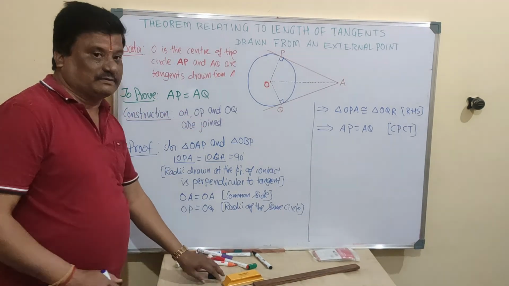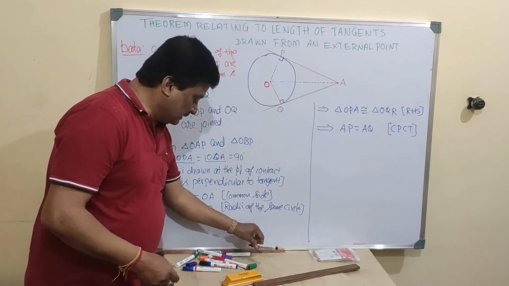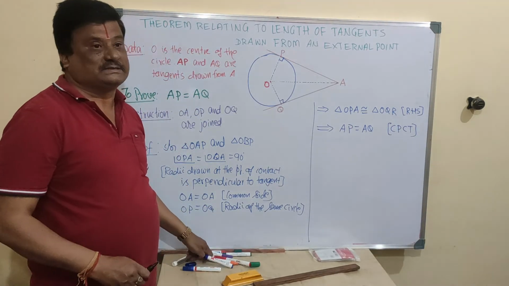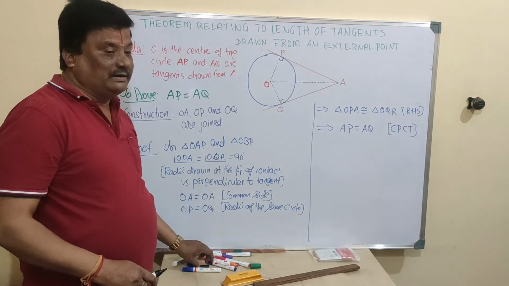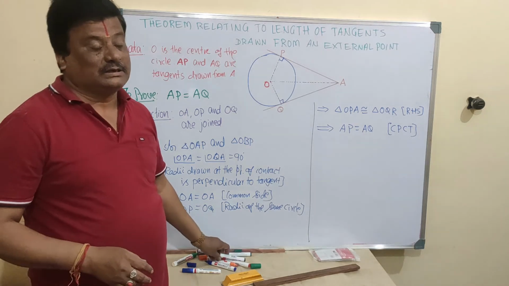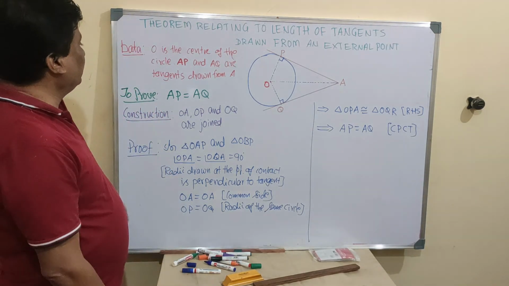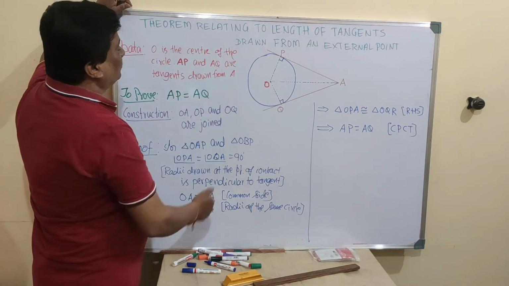I will explain it once again. The theorem says that the tangents drawn to a circle from an external point are equal. As per that, let's draw the figure.